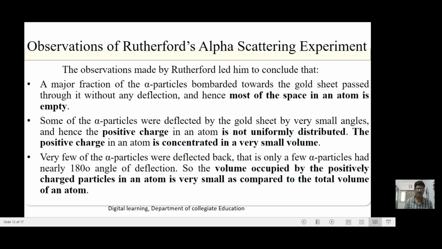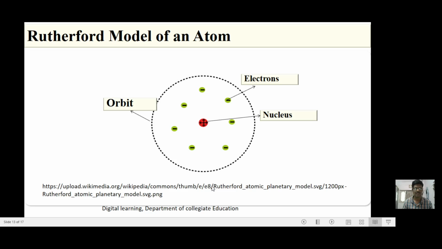Very few of the alpha particles were deflected back. That is, only a few alpha particles had nearly 180 degree angle of deflection. So the volume occupied by the positively charged particles in an atom is very small as compared to the total volume of the atom.